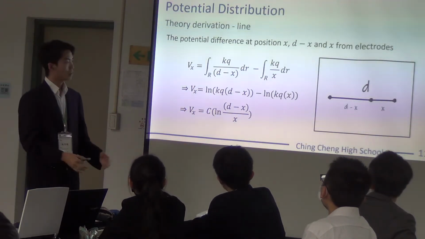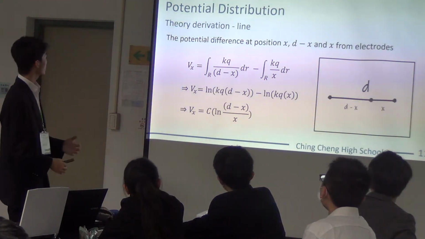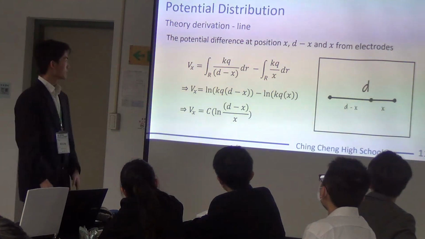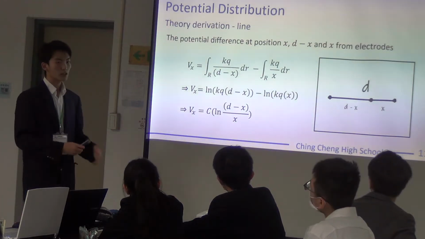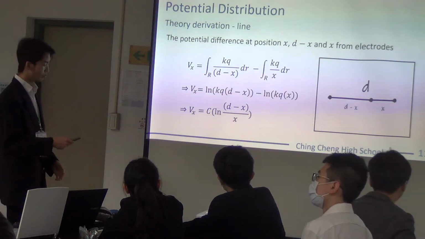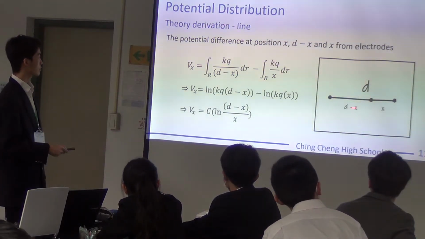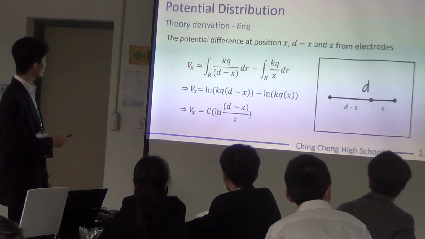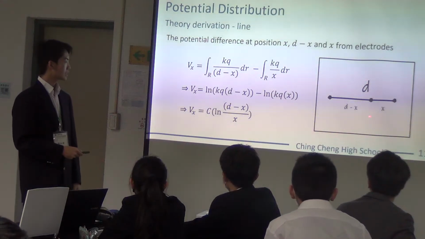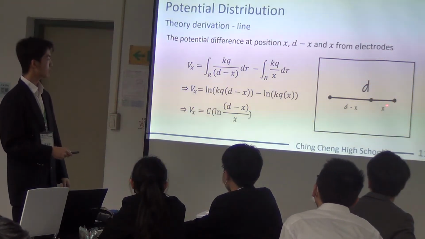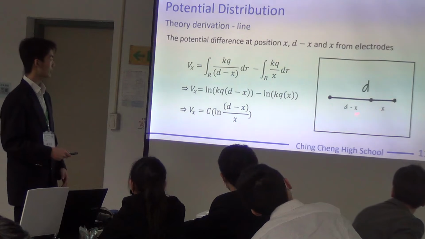Here we try to plot out the potential distribution. First, the line. We consider two points here, and if this is the measured dot, it is x from one electrode, and e minus x from another electrode.